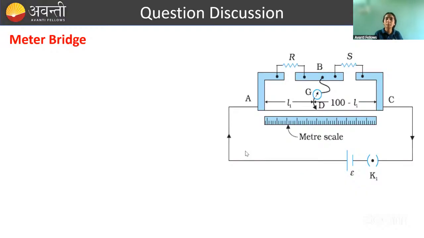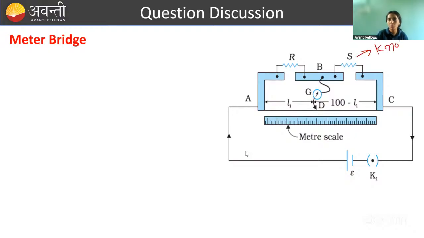So in meter bridge, I said this is nothing but your balanced Wheatstone bridge, right? Here, in place of 4 resistors, we are simply taking 2 resistors. One resistor is known, and only R is unknown. S indicates a standard resistance, which stands for something that is known.